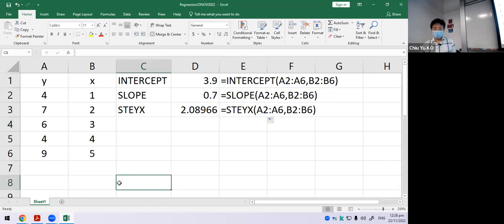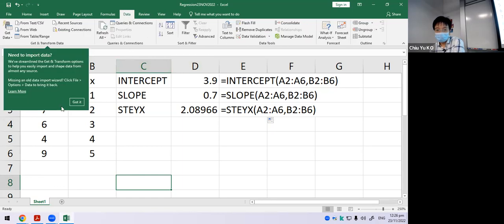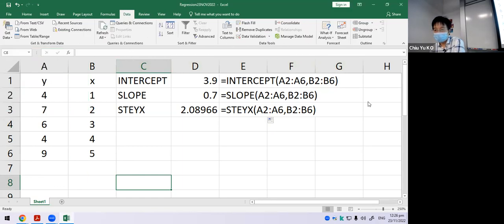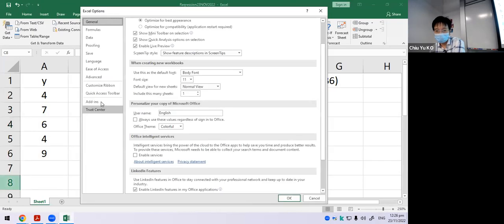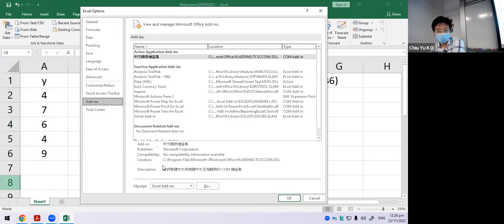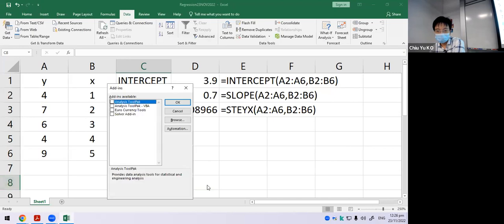Now what I want to show you is to use the add-in to get what we want. So what we do is go to Data. You should have Analysis here, but in this case it's not, so you just go to Add-ins. I show you how to do it on Windows, but I know many of you are using a Mac, but that will be somewhat similar.